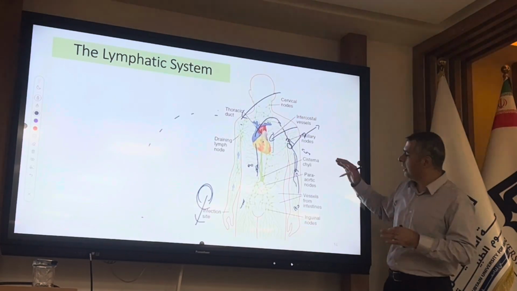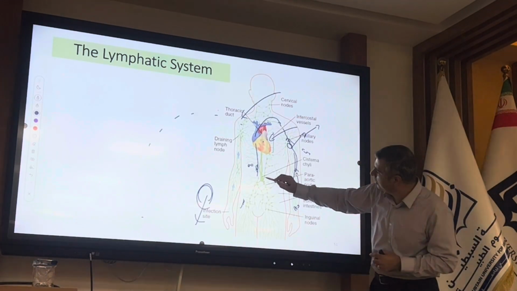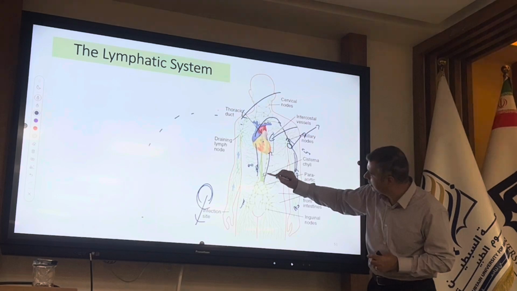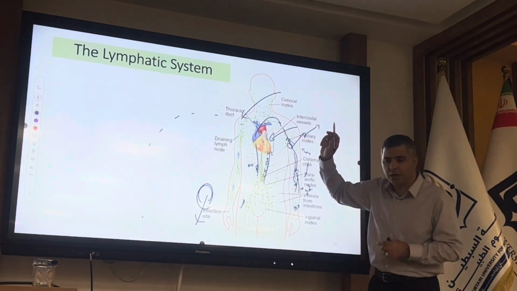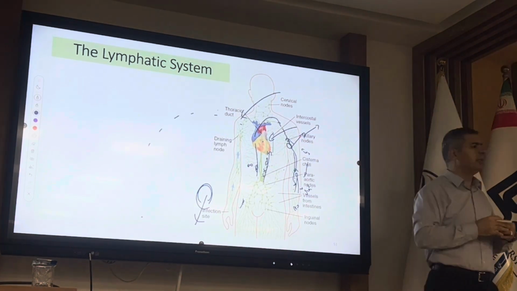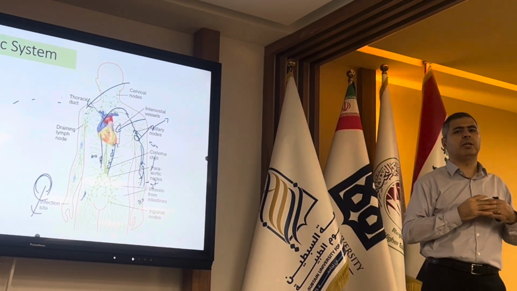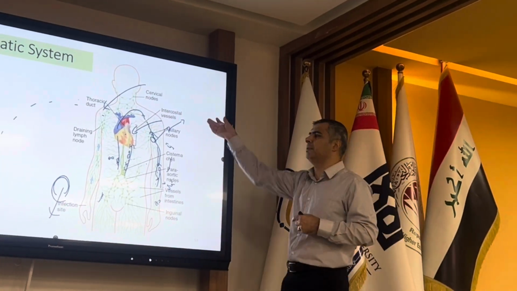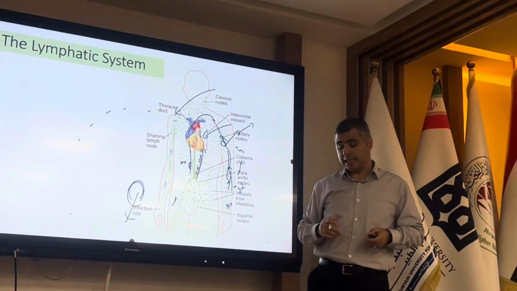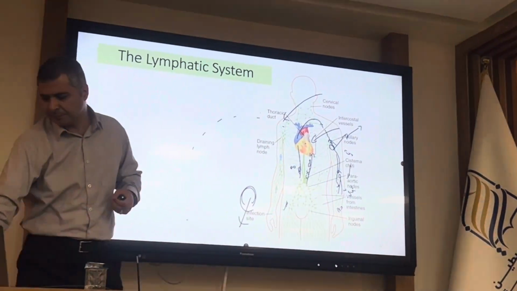So when lymphatic fluid passes through different lymph nodes, 1, 2, 3, 4, and 5, it maximizes the chance of exposure of the antigen to its specific T cells or B cells.